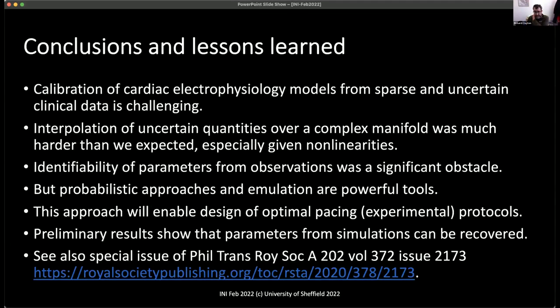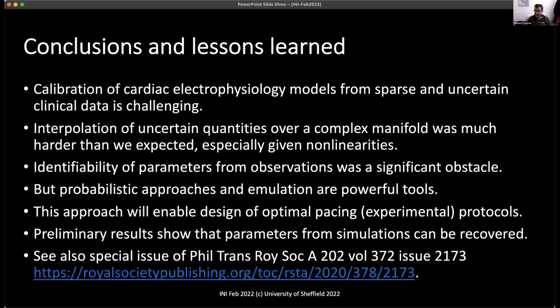So to finish off, some conclusions and lessons learned. I think calibrating this type of model, given the kind of data that it is reasonable and ethical to collect in the clinical setting, is challenging. We found that interpolating uncertain quantities across these manifolds was much harder than we expected.